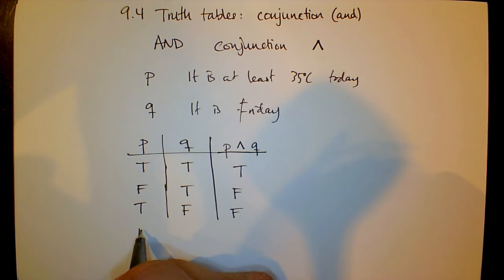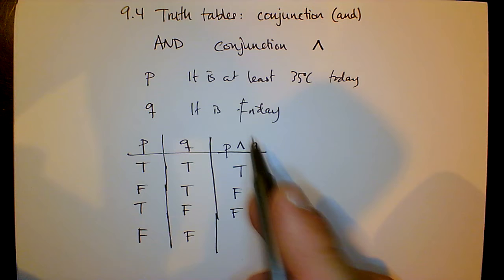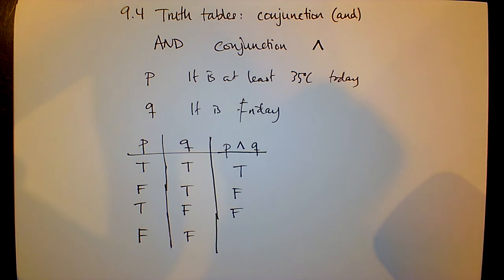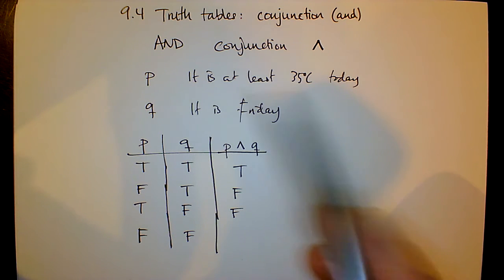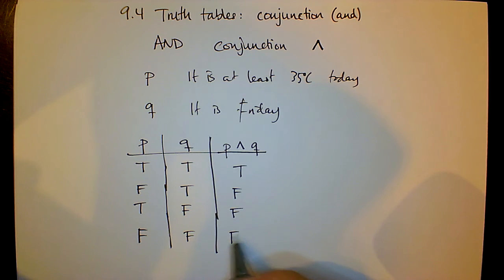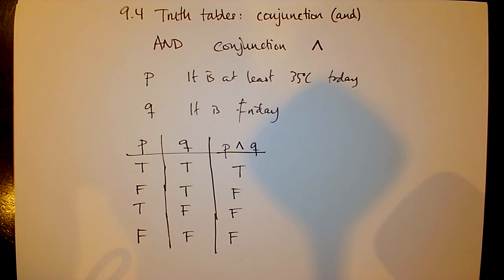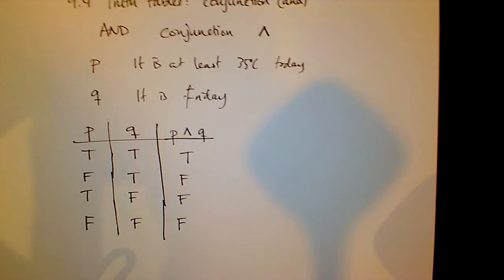If it is not at least 35 degrees Celsius today, so less than 35 degrees Celsius, and it is not Friday, so both P and Q are false, then the conjunction cannot be true. So none of those can be true, or the conjunction is not true. So then that is false as well.